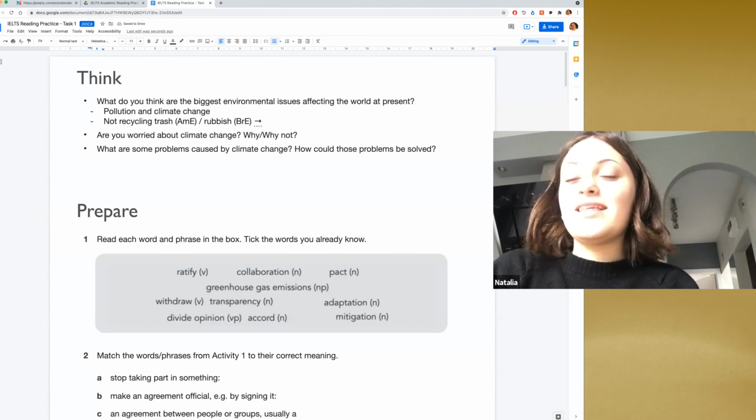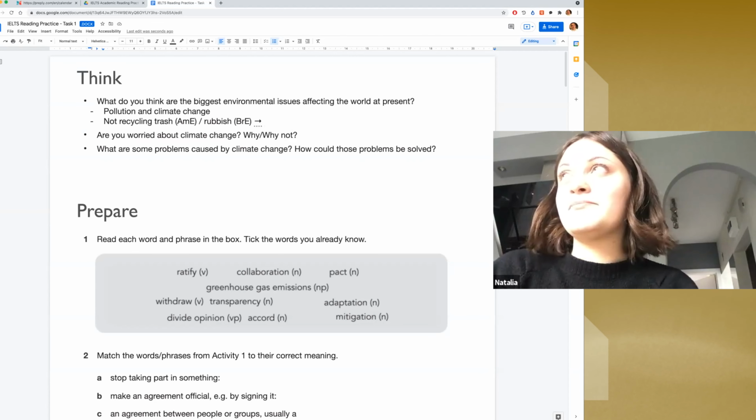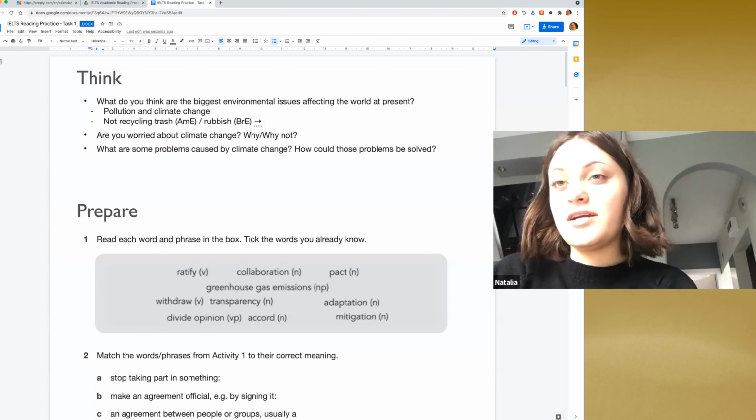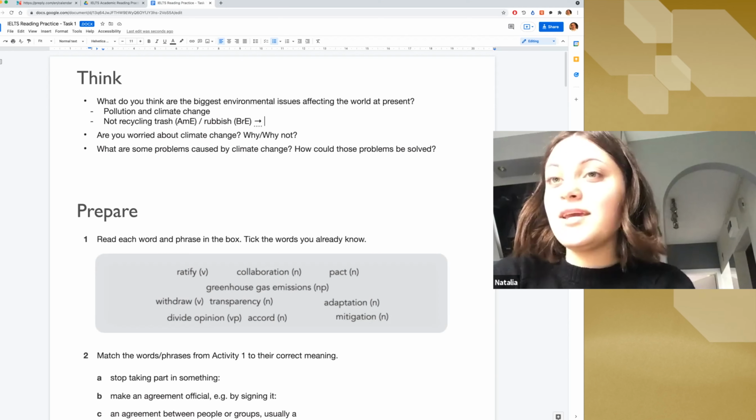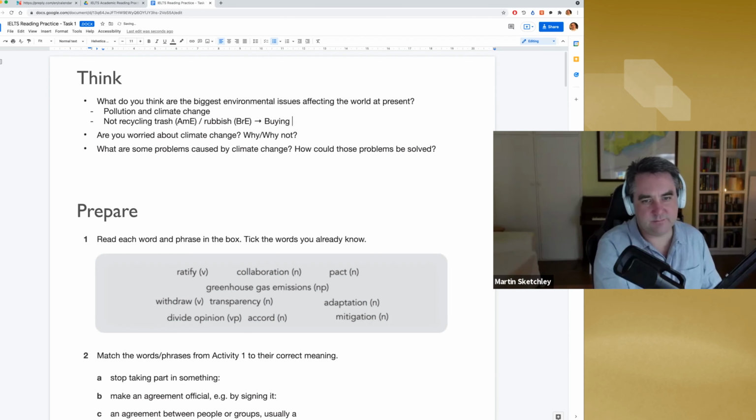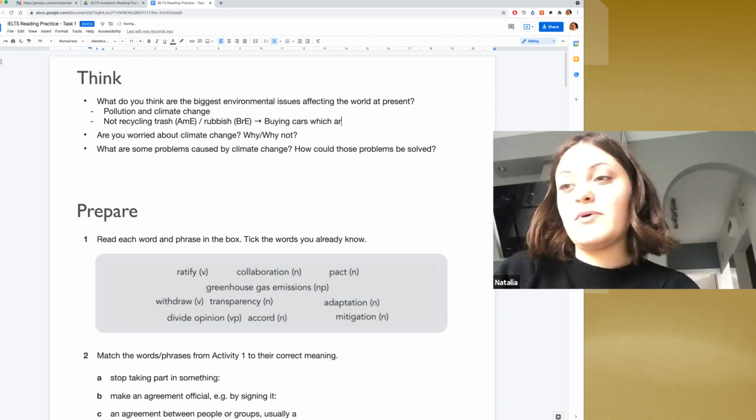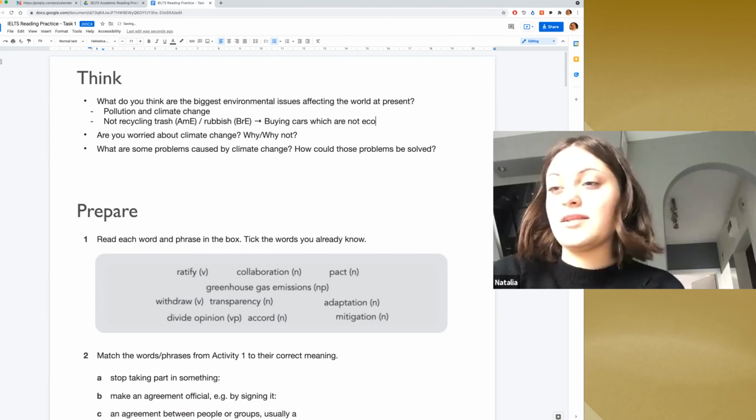Yeah. Then buying the cars that are not eco-friendly. It's much better to buy electric or at least hybrid cars.